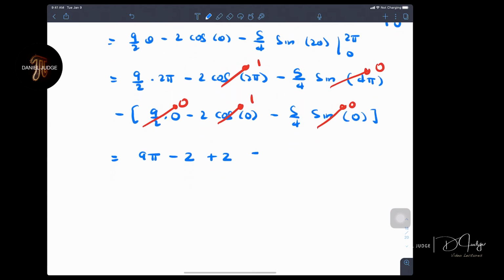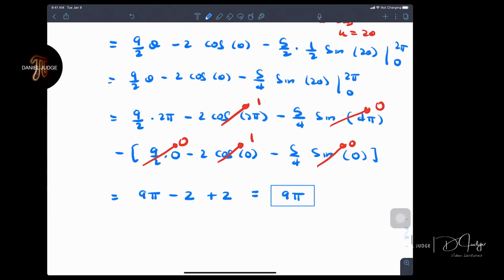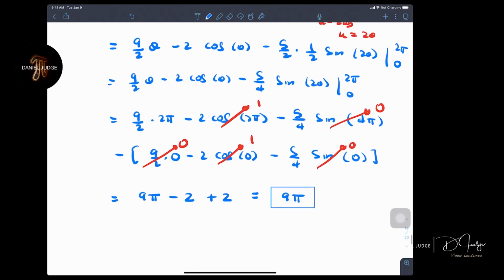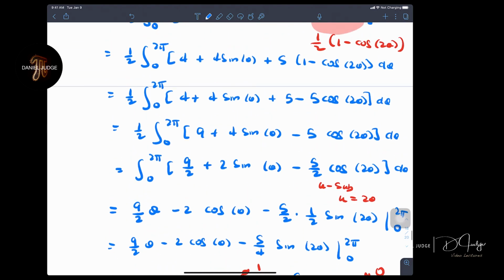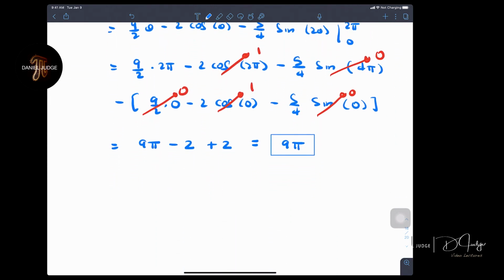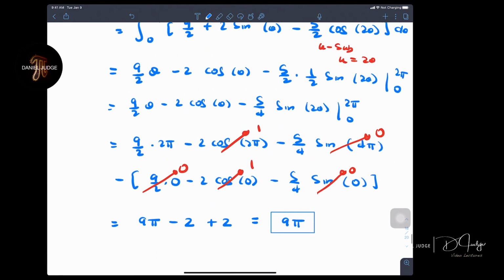And double check, ladies and gentlemen, it just simply seems like the answer is 9 pi. Let's double check our work. Well, anyway, looks like the answer is 9 pi. Hopefully that's what it is.